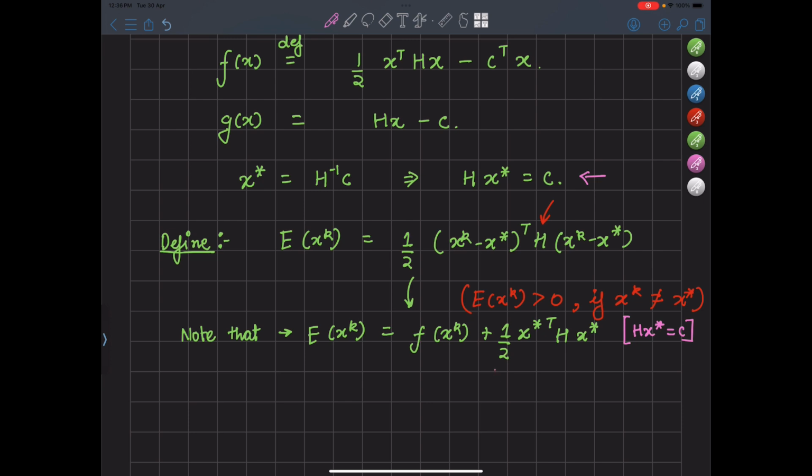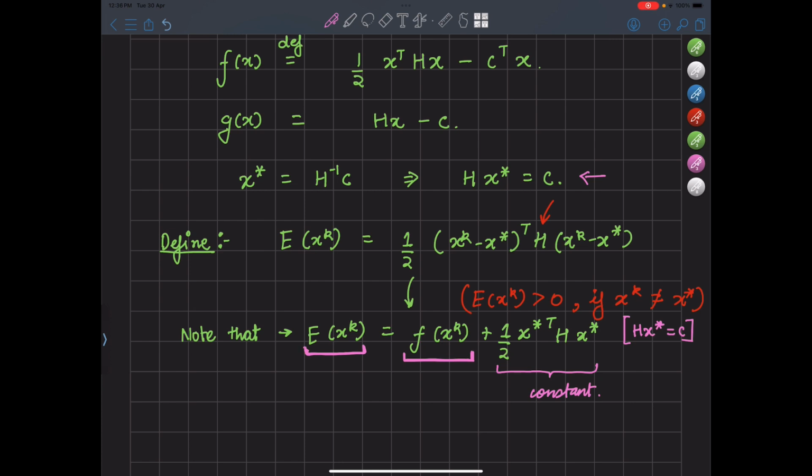Now you can see this is a constant value, which means the minimization of f of xk is the same as minimization of E of xk, because they differ only in the constant term. So the minimum value of f of xk will occur at the same point as E of xk.